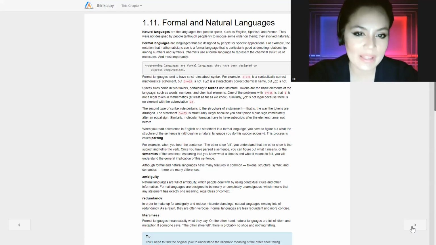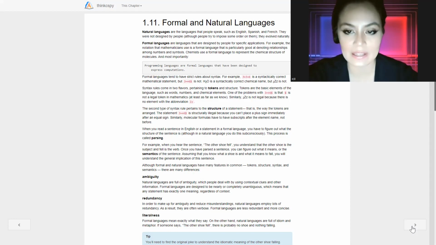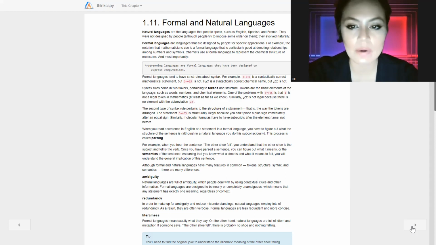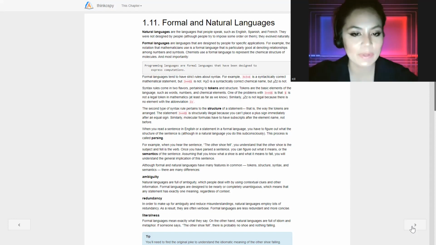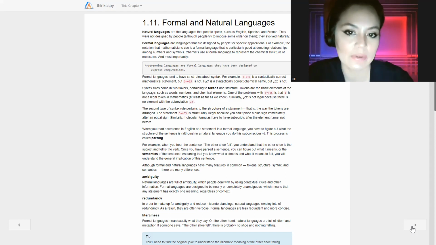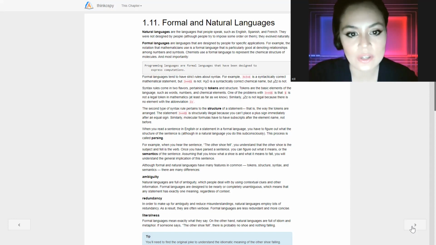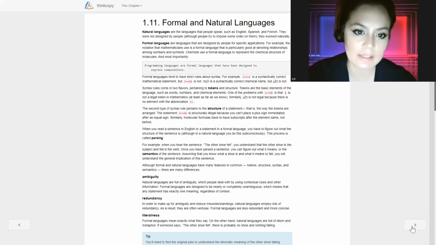For example, the notation that mathematicians use is a formal language that is particularly good at denoting relationships among numbers and symbols. Chemists use a formal language to represent the chemical structure of molecules, and most importantly, programming languages are formal languages that have been designed to express computations.